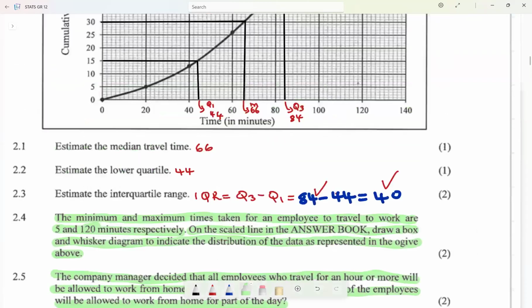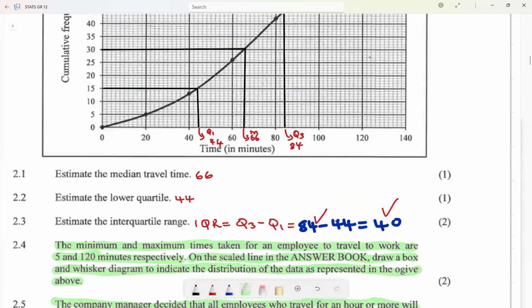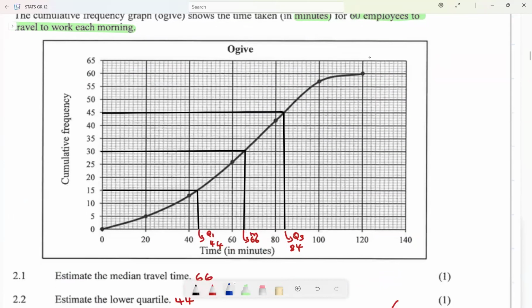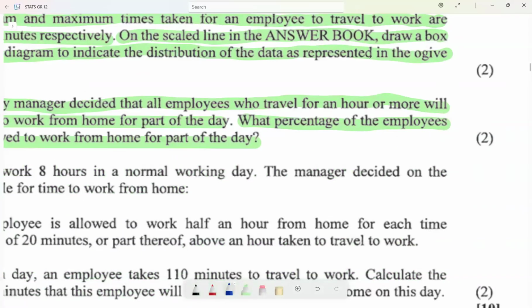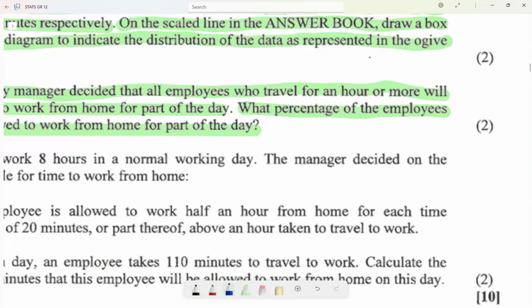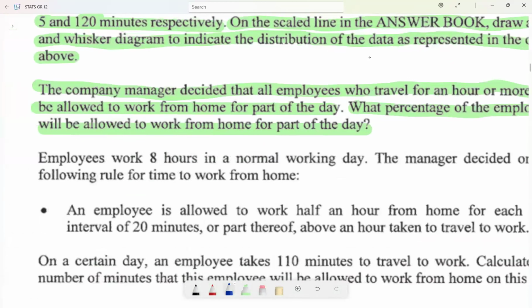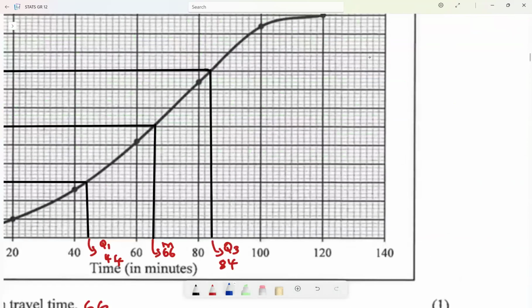So let's look at employees who are traveling an hour or more. An hour is 60 minutes, right?